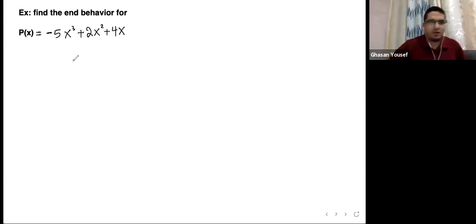This is my polynomial function. B of x equal minus 5x to the power 3 plus 2x squared plus 4x.